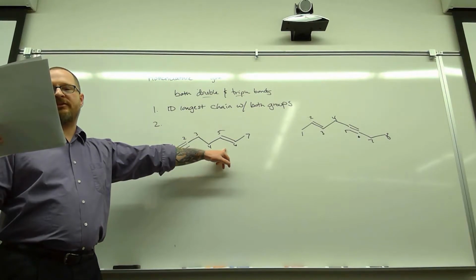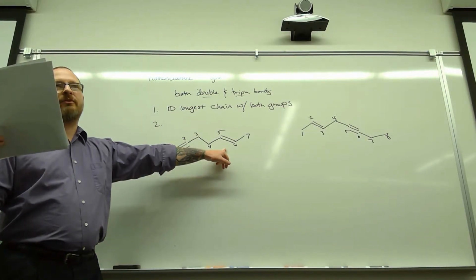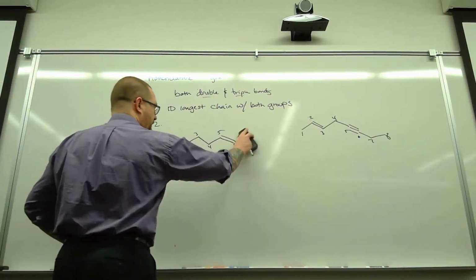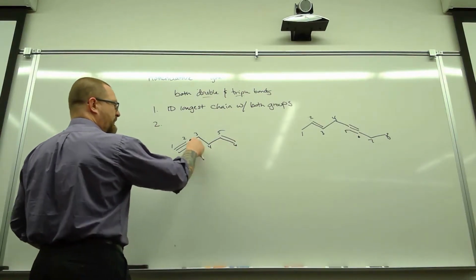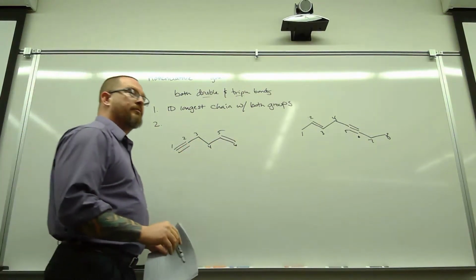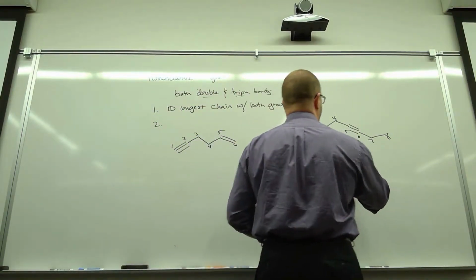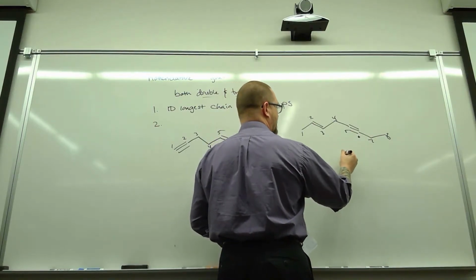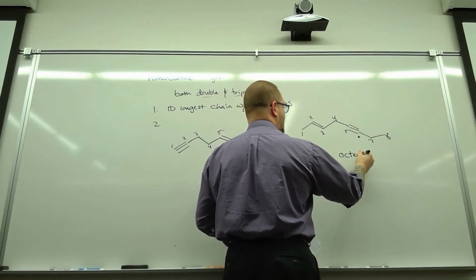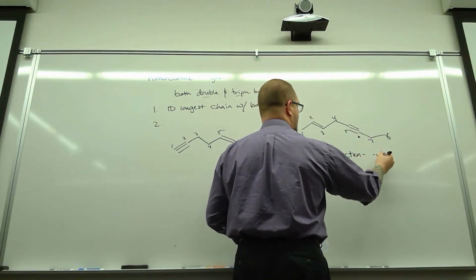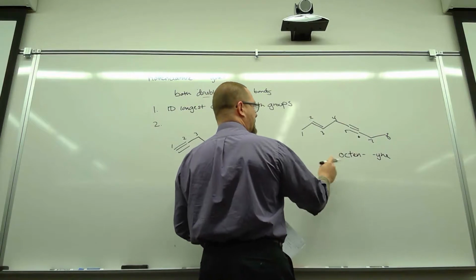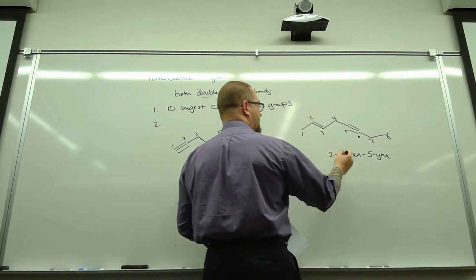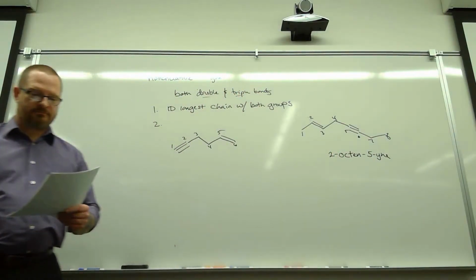Yep, if it's the same, you prioritize the double bond for numbering. So you go with the double bond first if you have the same distance. So if it had been 1, 2, 3, 4, 5, 6, we've got an octenyne, and it's going to be 2-octen-5-yne.